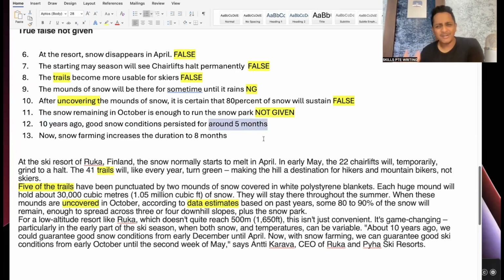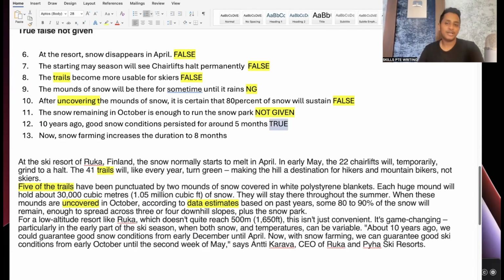Both are fine. We could guarantee good snow conditions persisted, guaranteed from early December till April: December, January, February, March. Until April means end of April. 5 months. Around 5 months. True.